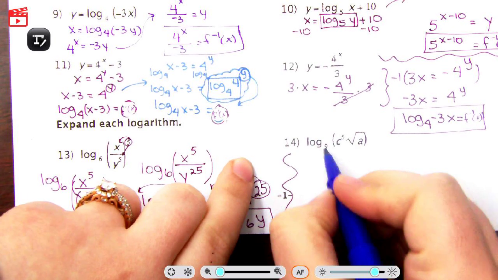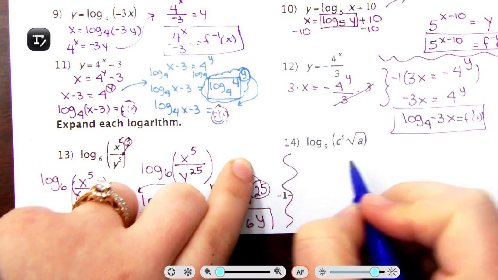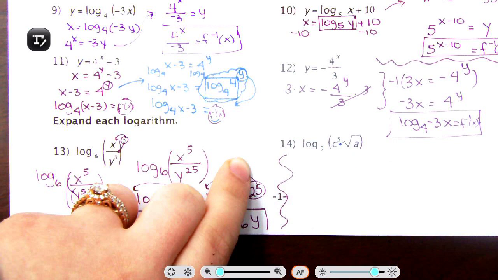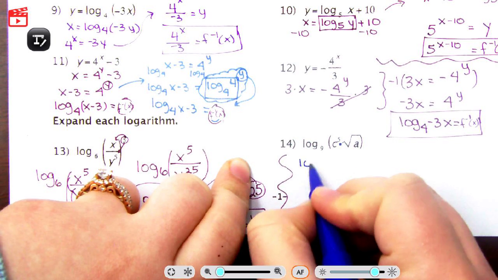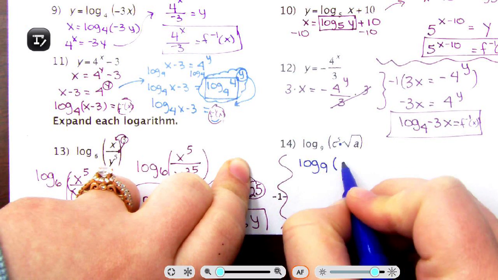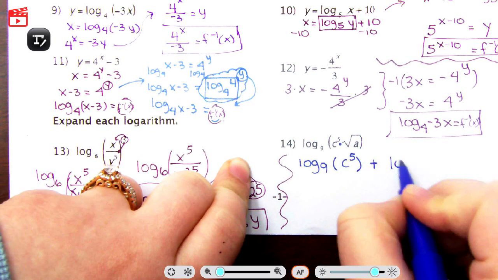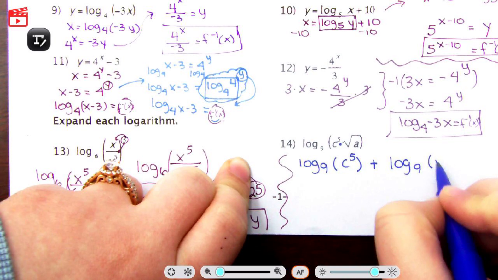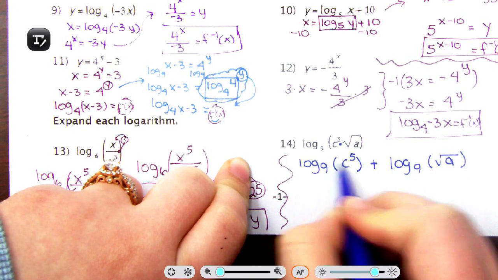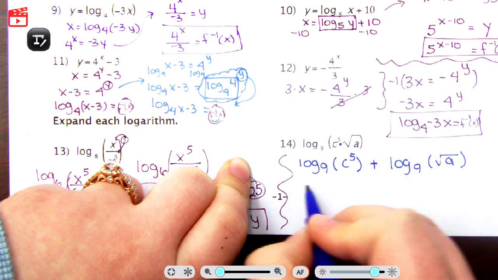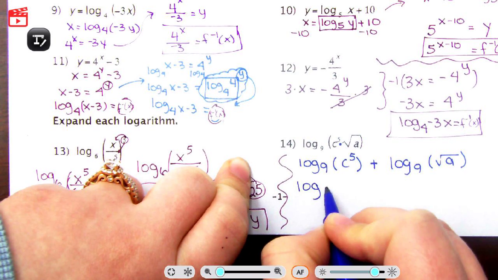Okay, this is how you do it. These two things are being multiplied. So you have log base 9 of c to the 5th power plus log base 9 of root a. Now convert that root a to have an exponent.